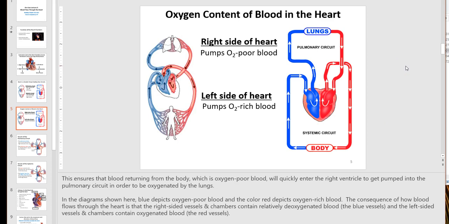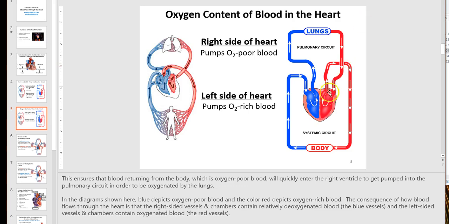The other thing that's noticeable about these 2 circuits, and the map of blood flow in general, is that the right side of the heart, both the right atrium and the right ventricle, pump relatively deoxygenated blood that has already dropped off oxygen. Whereas the left side of the heart pumps blood that's rich in oxygen.